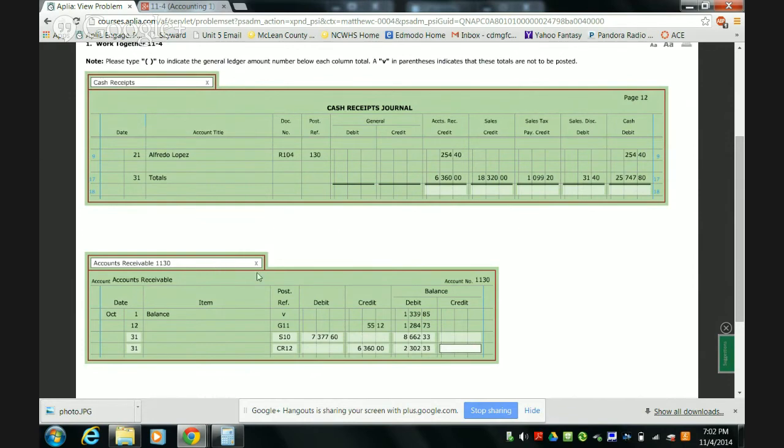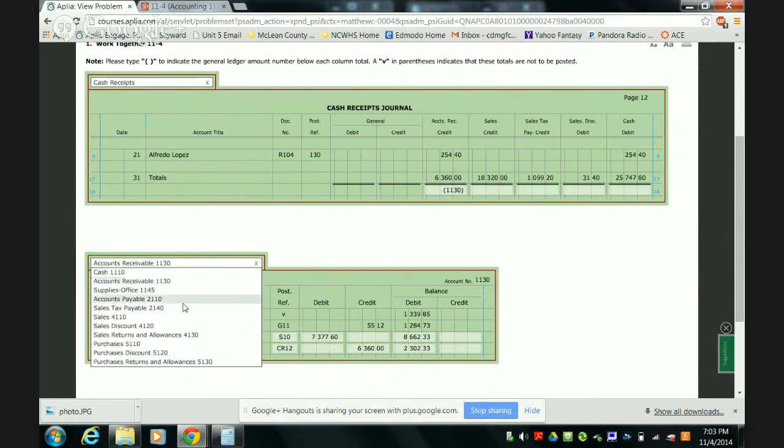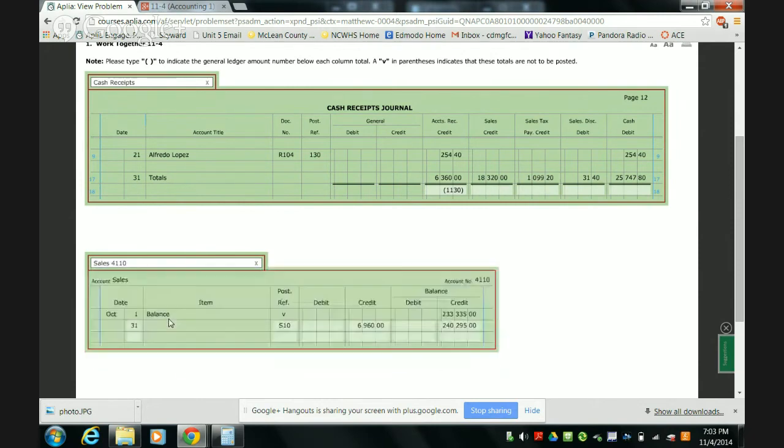Okay, so I'll put that in here. 1130. Make sure you put in your parentheses. Sales credit's my next one. 31st. CR12. Sales credit. Should have 18,320.